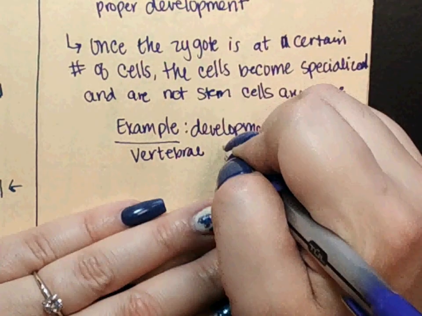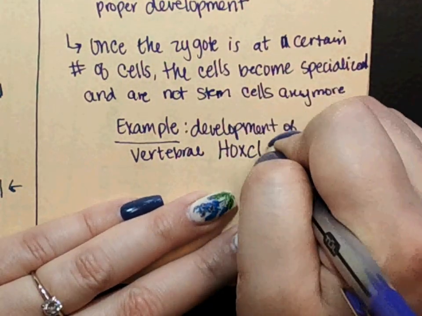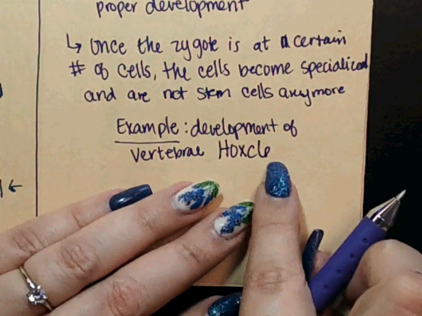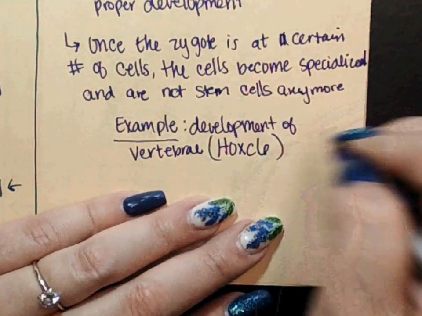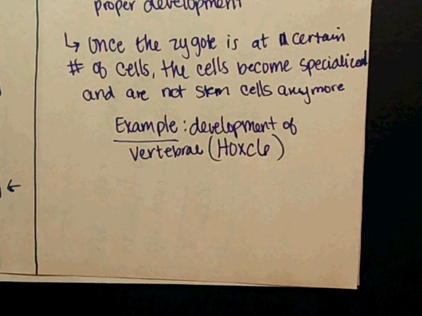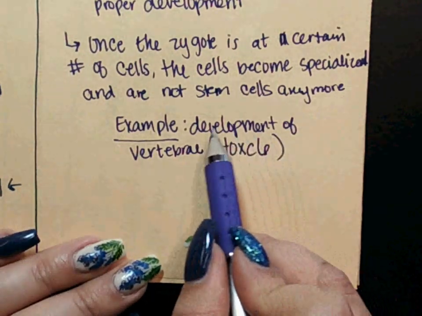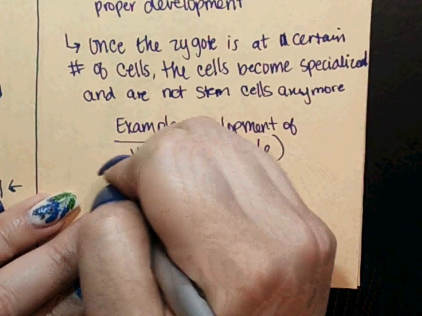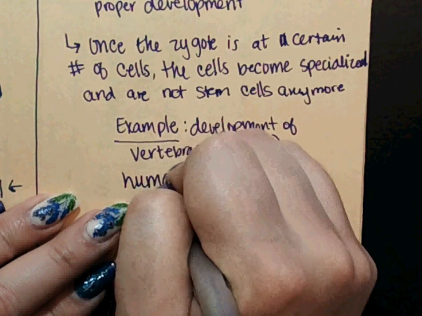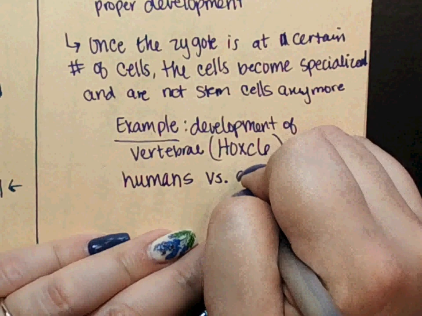In this particular case, it's a gene that is called HOX6. That is the gene that is going to control your vertebrae. And depending on the type of animal that it becomes, the amount and the control of this gene is going to be different. So if you think about humans, think about your own spinal column versus the spinal column of a giraffe.